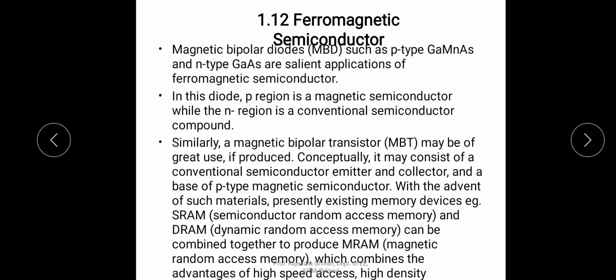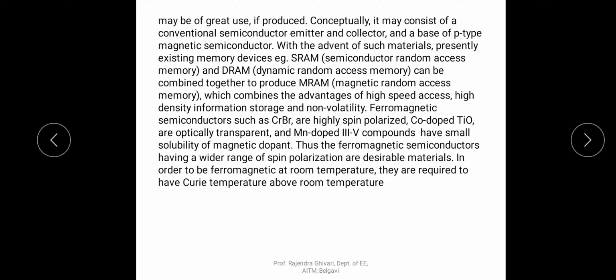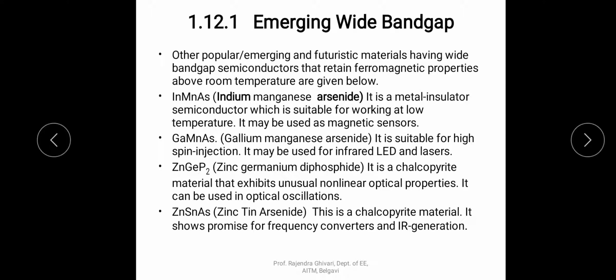So if you use magnetic RAM, it is of high speed, a high density of data can be stored, and it is a non-volatile memory. In order to be ferromagnetic at room temperature, they are required to have a Curie temperature above room temperature. We'll be studying about ferromagnetic materials and what exactly the Curie temperature is in module 3. So this is what has been explained.